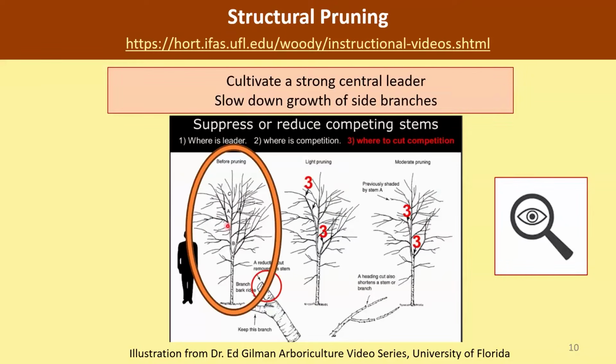That will slow down the growth. Or if you think that's too much, go higher. You can remove this portion, make the cut here, and maybe go up and make another cut here. So we're suppressing the branch to a side shoot and another side shoot.